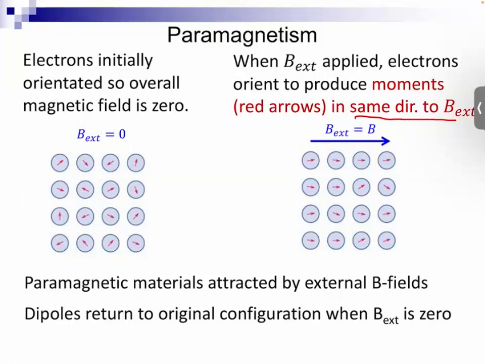So you have the same orientation of magnetic fields in the electrons as the external magnetic field, which reinforces the overall magnetic field. And you also have magnetic forces in the same direction, and therefore these materials are attracted by the external magnets.